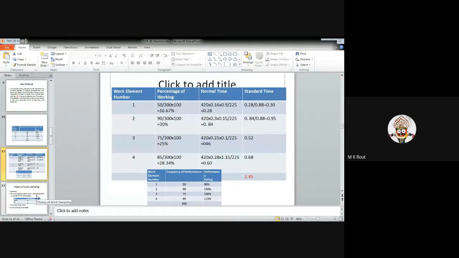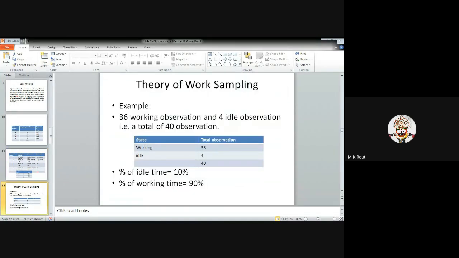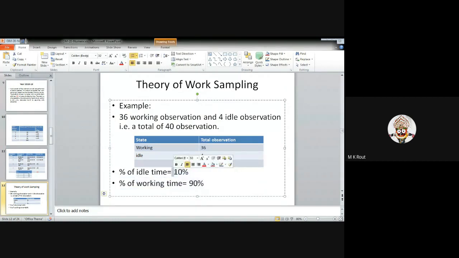Under that, write down an example: 36 working observations and 4 ideal observations.